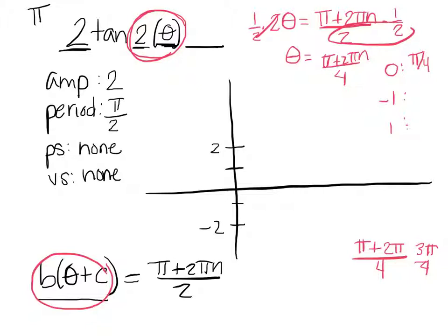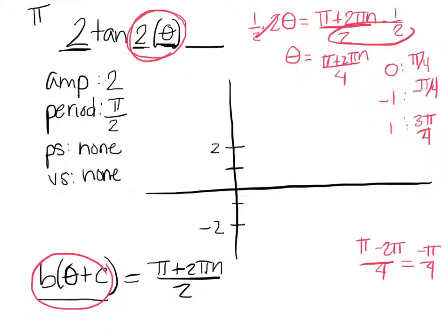That's if I plugged in 1. If I plugged in -1, I get pi minus 2 pi over 4, right? Because I'm plugging in -1 here, so -1 times 2 pi is -2 pi. And then what I get is -pi over 4.